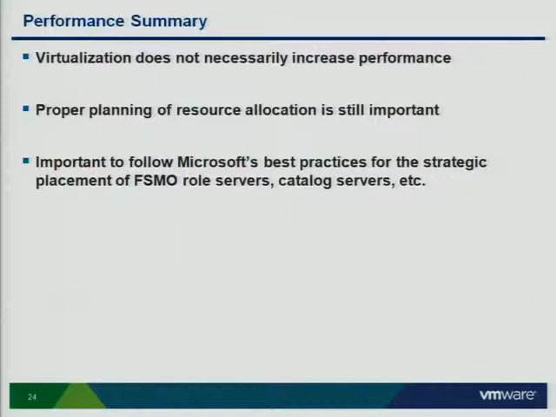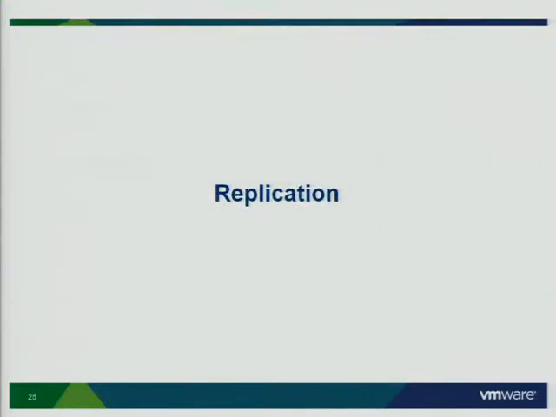But apples for apples, virtualization does not make VMs run faster. It's still important to make sure that you follow Microsoft's best practices about where to put the FSMO roles. We're not telling you to go against the policies, procedures and best practices that Microsoft says about FSMO role placement. So you should still factor that in and consider that.